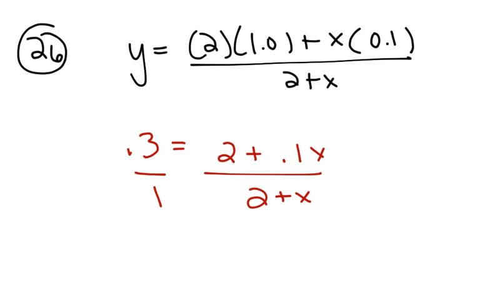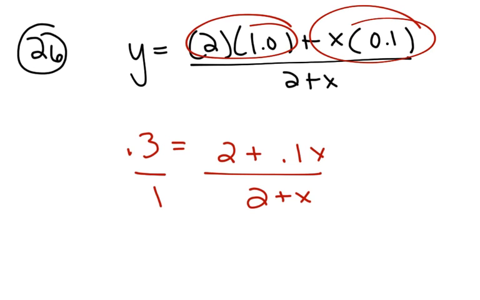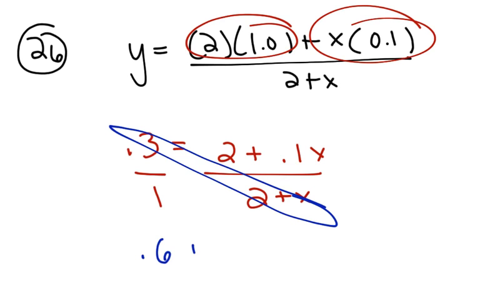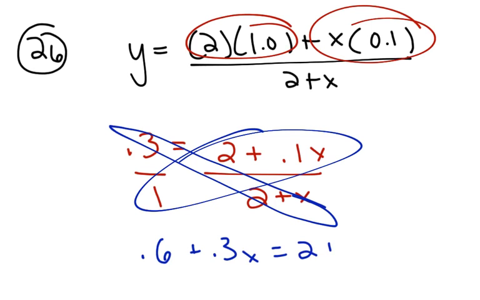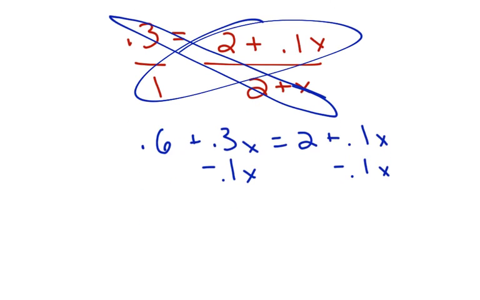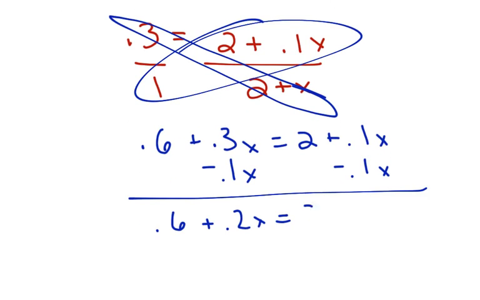I want you to notice some of the things I did, like I multiplied 2 times 1. I multiplied x times 0.1. This is just a proportion. So to solve the proportion, I'm going to cross multiply. I'm going to get 0.6 plus 0.3x is equal to 2 plus 0.1x. I'm going to subtract 0.1x from both sides, and I get 0.6 plus 0.2x is equal to 2.